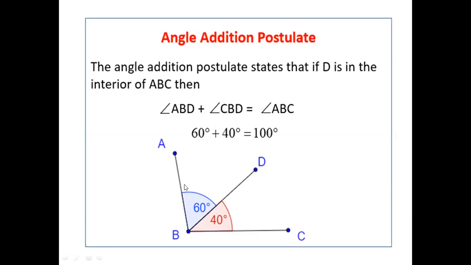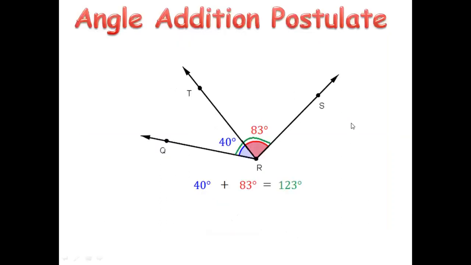Simple, you just add these two angles. So 60 plus 40 is going to give you 100 degrees. So which means angle ABC is 100 degrees. It's only a big angle. They have divided it into two smaller angles and asked you to find the complete angle. So when they ask you this, you just add the numbers which are given in the smaller angles.